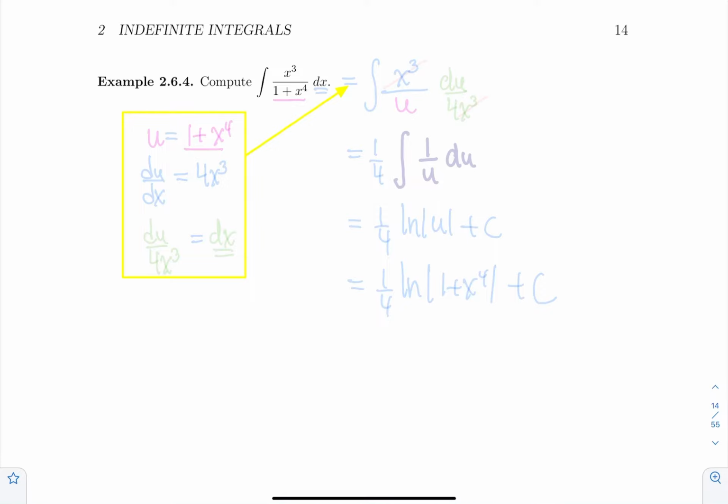So here, when I'm trying to choose what part of the equation is going to be u, the only choice that I can try here is looking at the denominator. And here, again, if you use this general philosophy, when I look at the denominator, I see a polynomial of degree 4, and at the numerator, I have x cubed, which is a polynomial of degree 3 next to the dx, algebraically speaking.